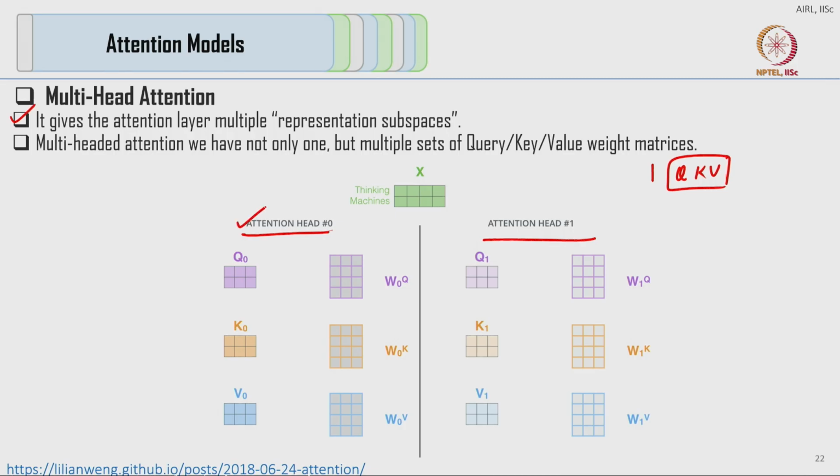So in the first attention head we have a corresponding weight for all K, Q, V. Similarly for the next attention head, which is head 1, we also have corresponding K, Q, V, right.